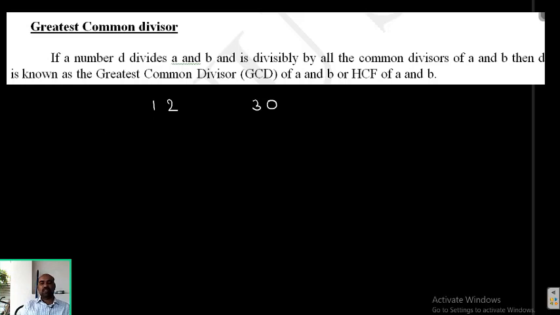I will write. Factors of 12 or divisors of 12, both give the same meaning. So 1 is a factor of 12, 2 is a factor, 3 is a factor, 4 is a factor, 6 is a factor, 12 is a factor of 12.